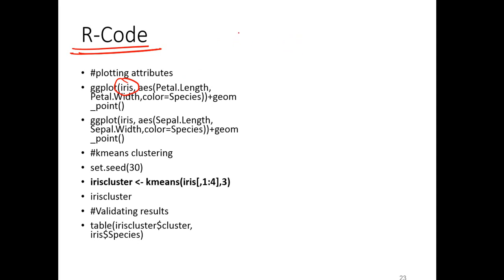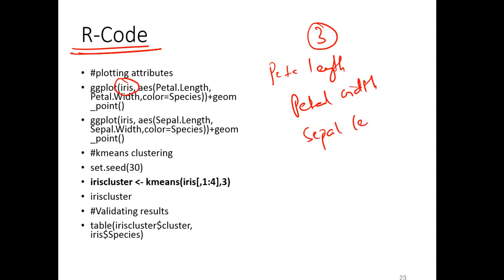flowers. There are three different categories of flowers, and then their petal length, petal width, sepal length, and sepal width.